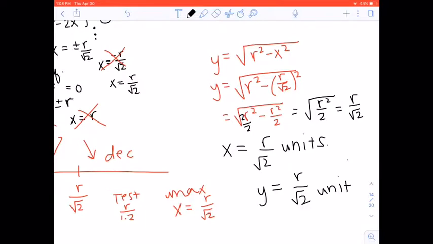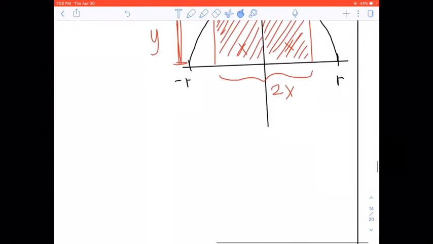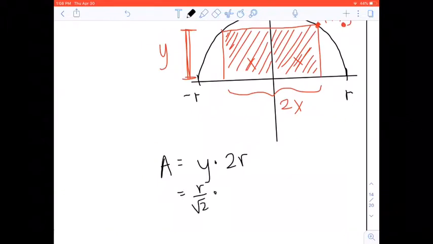And if we go back up and look at our rectangle, you'll notice that our rectangle has area, and our area was equal to y times 2x. Our y value is r over the square root of 2, and then we have 2 times our x value here, and our x value here is r over the square root of 2.